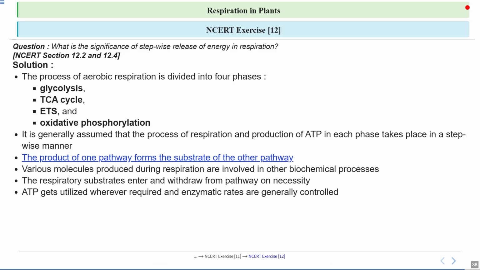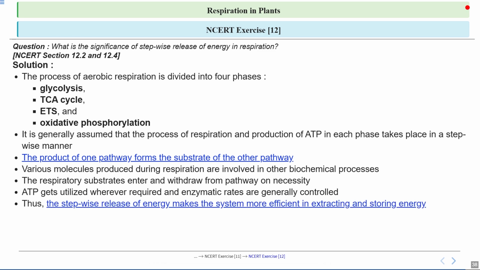ATP is utilized wherever required, and the enzyme catalyzed reactions, their rates, are generally controlled. And therefore we see that there is a stepwise release of energy, which makes the system more efficient in extracting and storing energy.